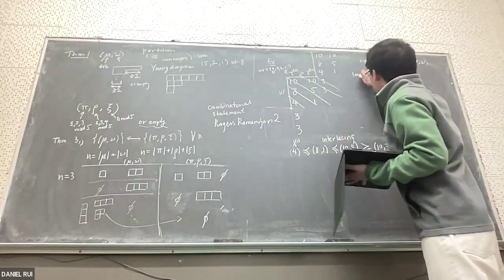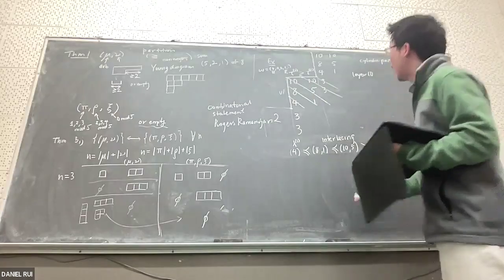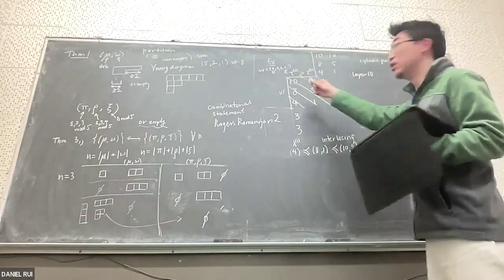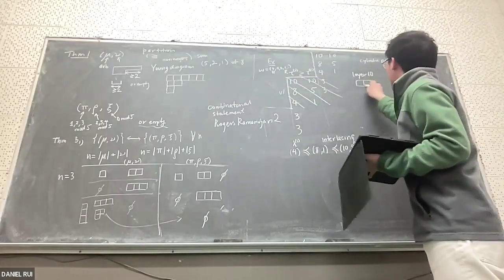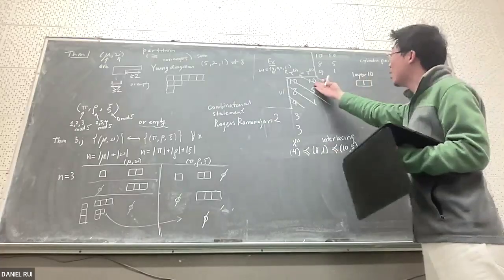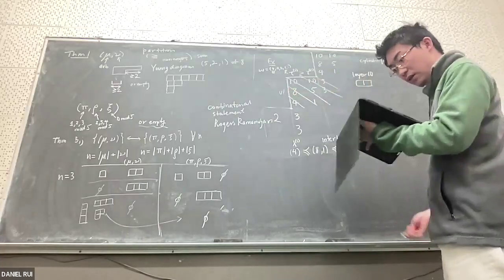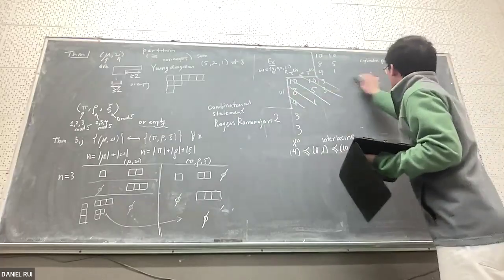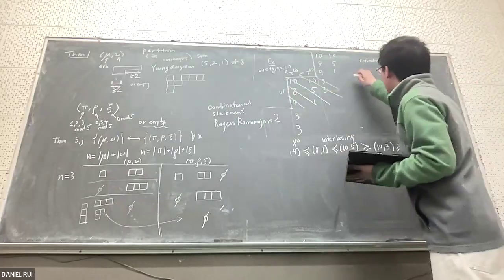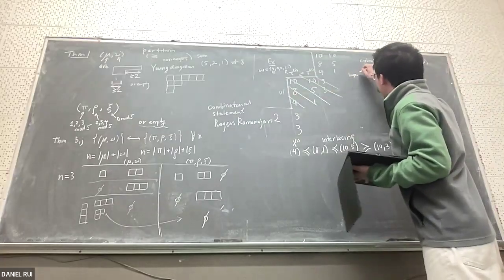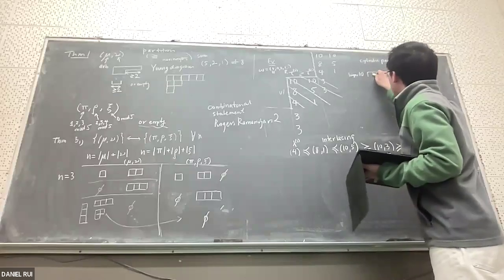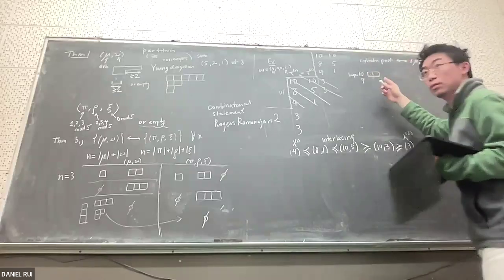So layer 10 will just be these 2 blocks. Layer 9 will also be these 2 blocks. Maybe I'll write it like this. Layer 10, these 2 blocks. Layer 9 is also these 2 blocks.